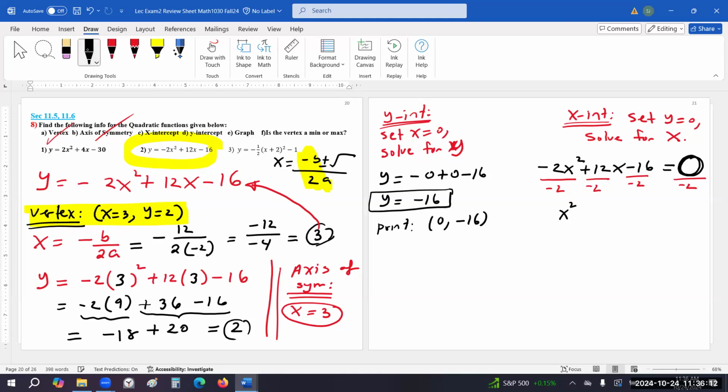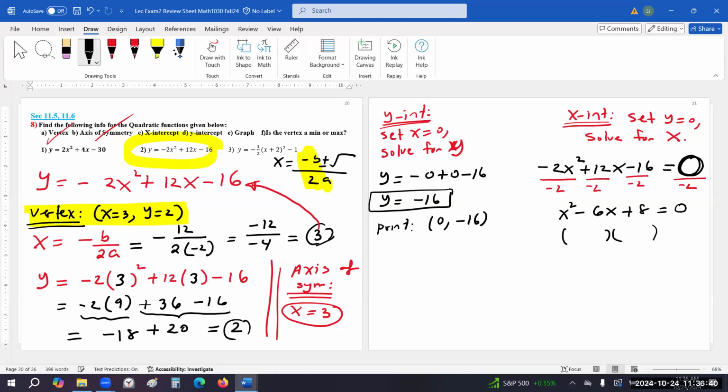That gives us x squared, and then minus how many x? 6x. And then plus 8. What is 0 divided by negative 2? 0. 0 divided by any non-zero number is 0.